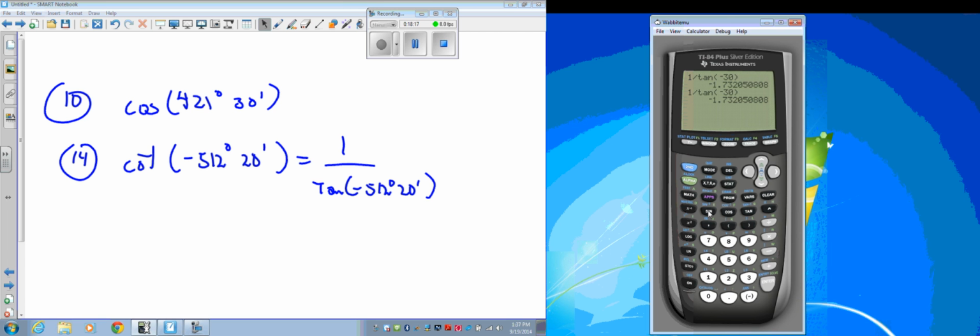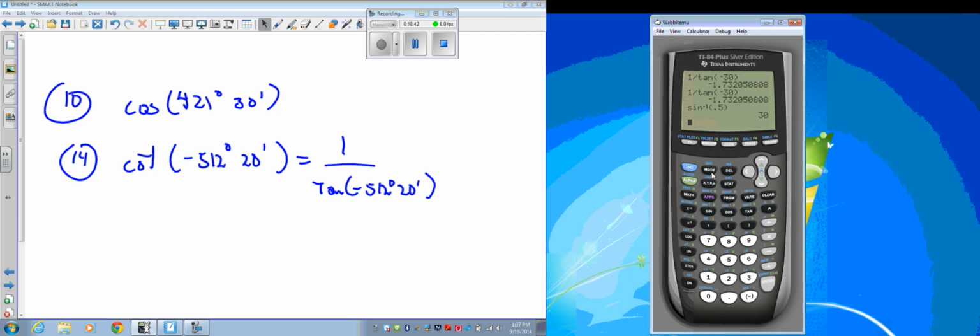Let's just do the 30. We know that sine of 30 is 1/2, but let's put it in the wrong mode, because then if I do the sine inverse of 0.5, I should get 30 degrees, right?